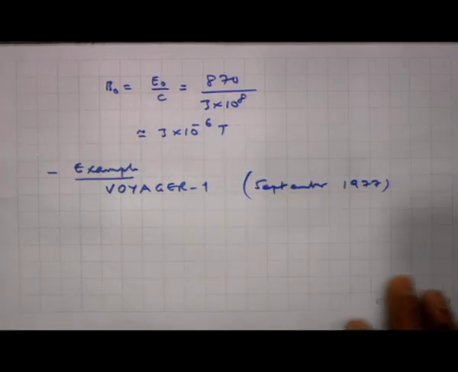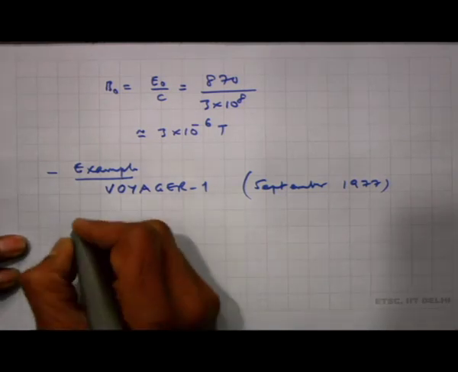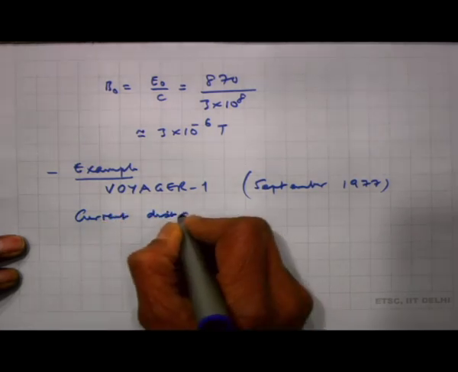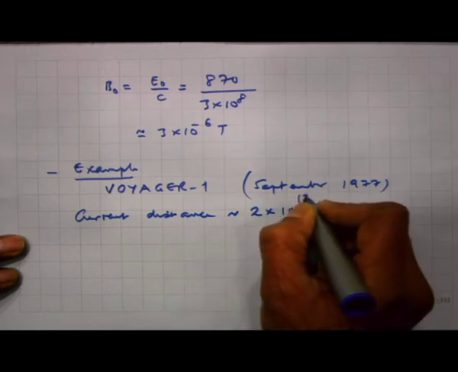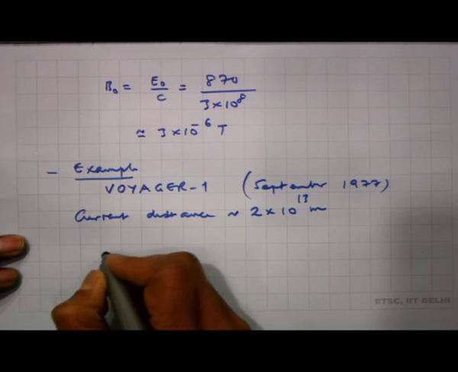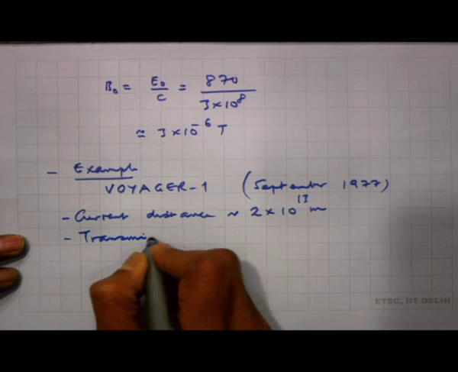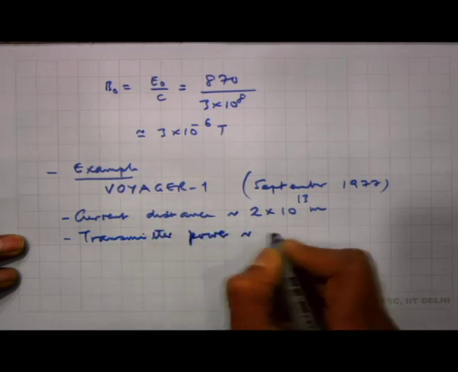It has traveled over the last 30 years or so, and it has left the solar system and it is out in space, and the current distance is about 2 into 10 to the power 13 meters, and the transmitter power is about 20 watts.